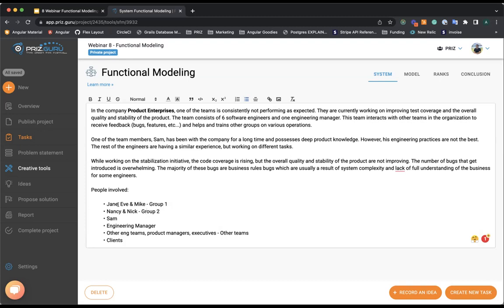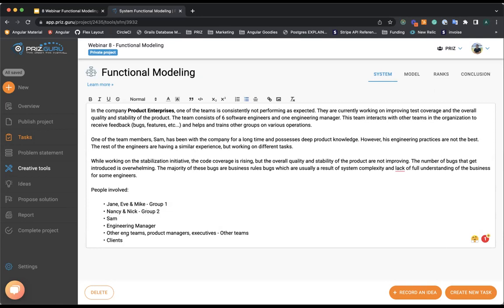Nancy and Nick in here, they're fairly new to the company. They're still pretty good engineers, but they're new to the company. They don't really know the business case too well. And then there is Sam, the person who's been with the company for a very, very long time, but he's a little bit lacking in engineering best practices, if you will.